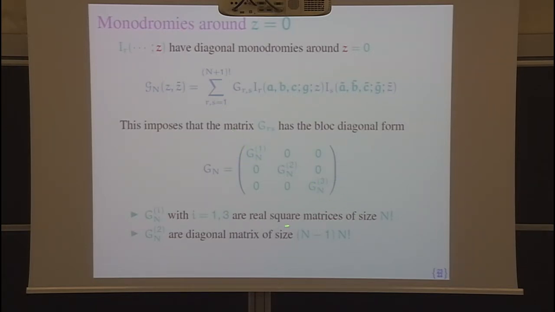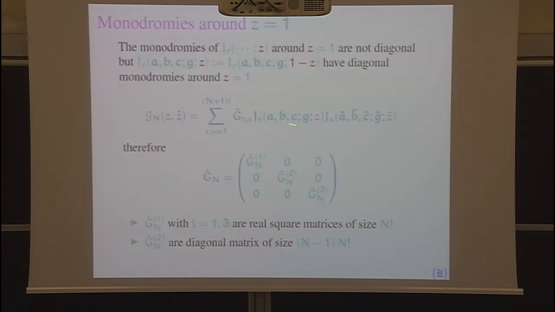This block here is a block of size n factorial, and the one in the middle is a diagonal matrix of size (n-1) factorial. But these I's don't have diagonal monodromies around z equal 1.